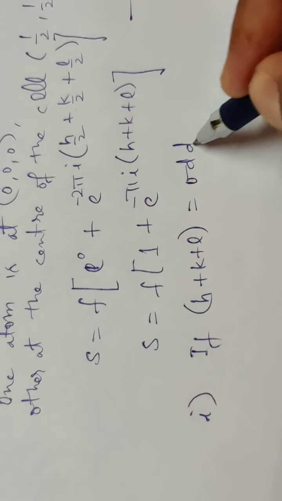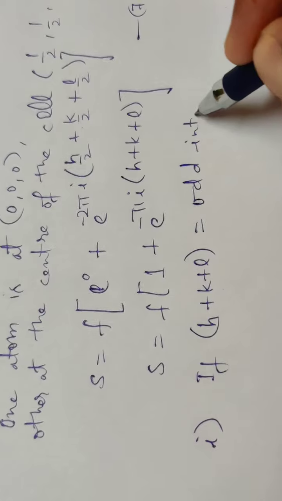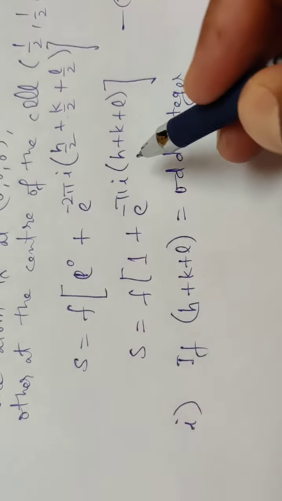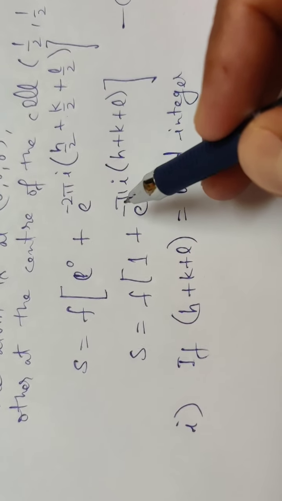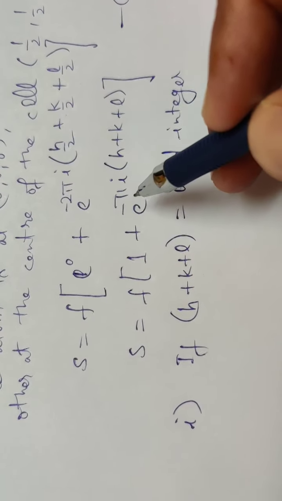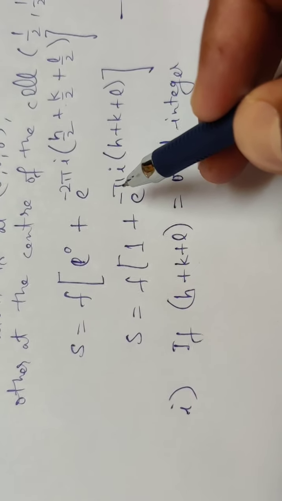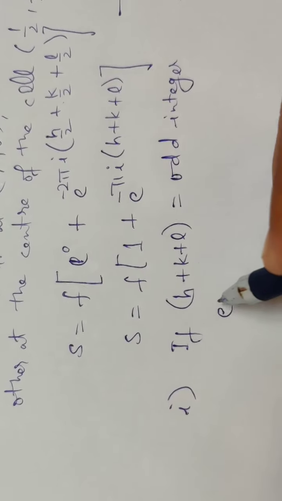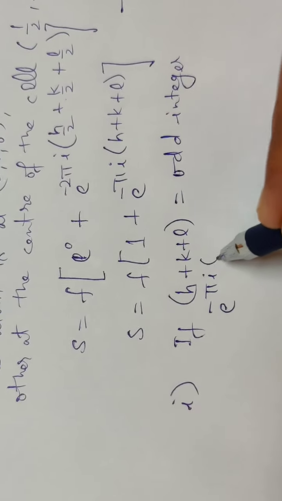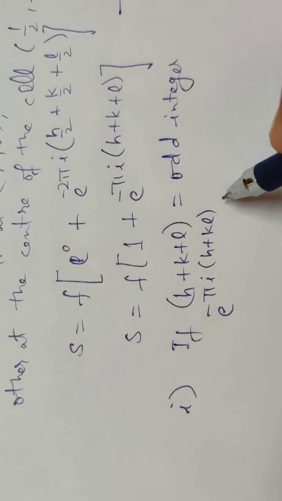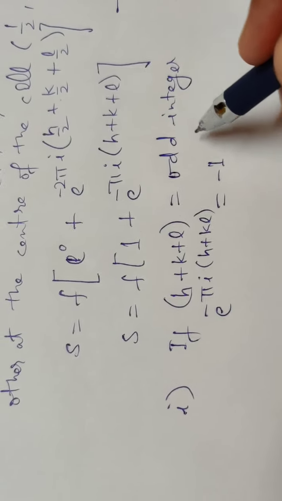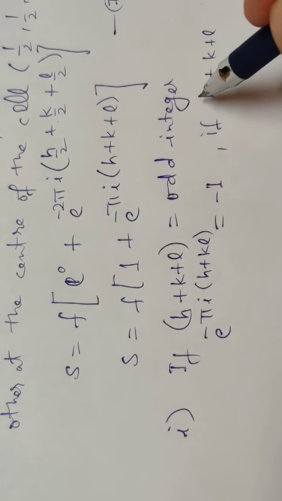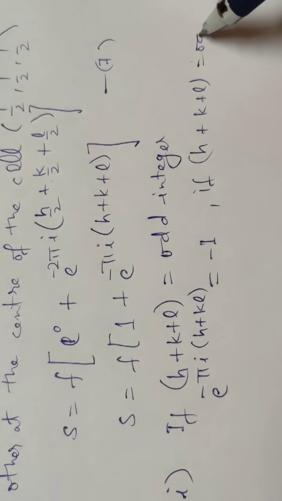Since the sum of HKL is odd, it will be 3 pi, and e raised to power minus pi i times HKL will be minus 1 if h plus k plus l is odd.